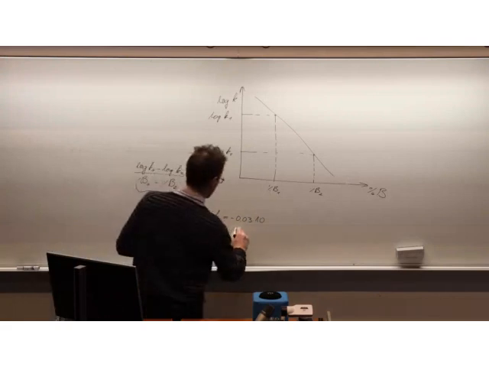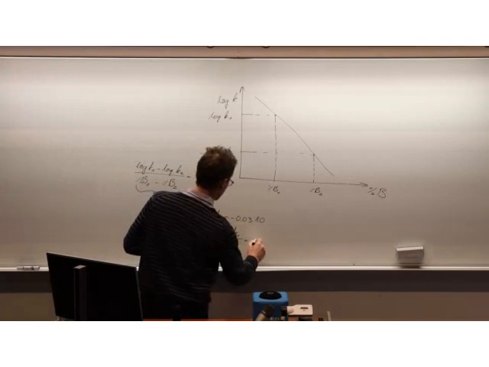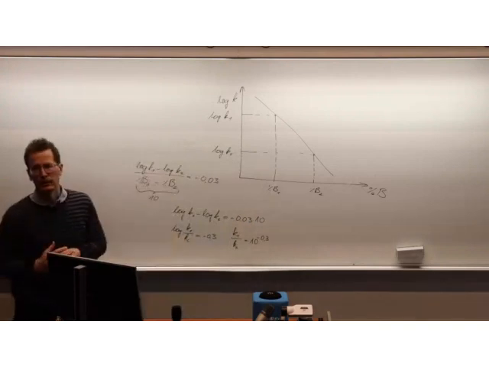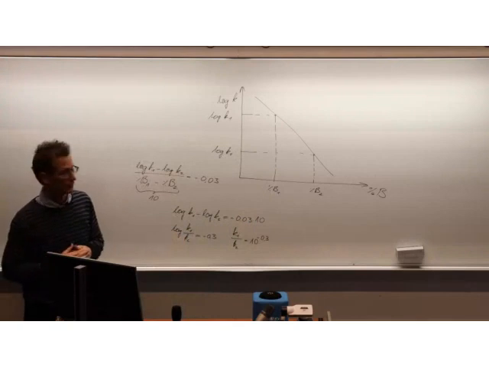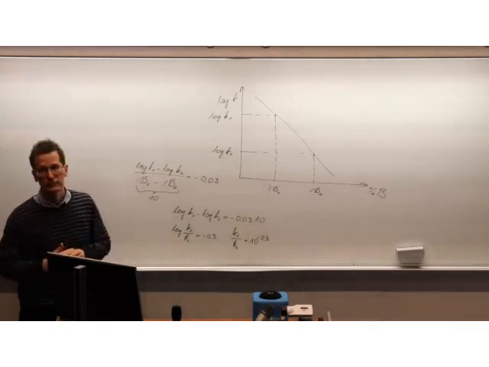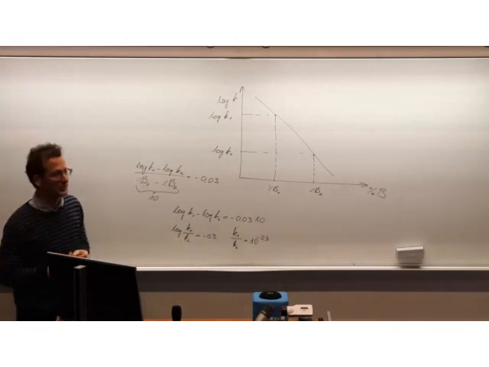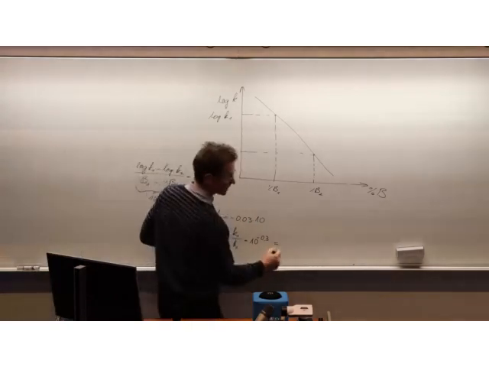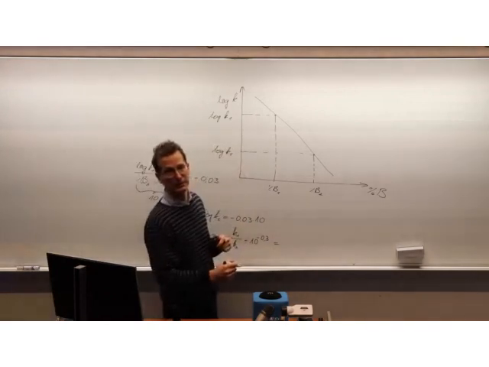Which means that k1 divided by k2 equals 10 in power of minus 0.3. How much is it? Okay. Minus, yes. So 1 divided by 2, right? 0.5.